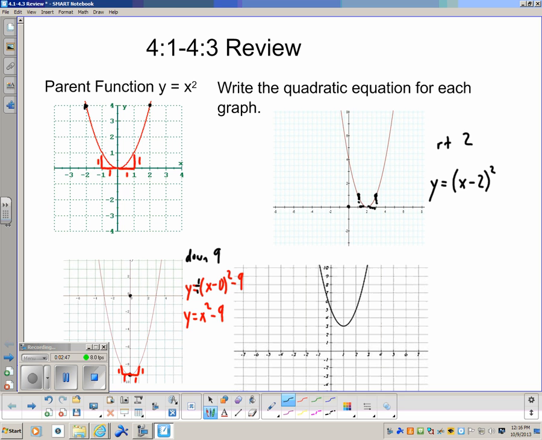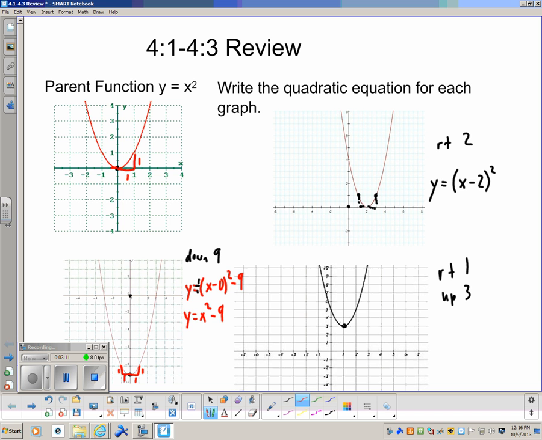So coming over here, looking back at your parent function, the very first one we started with, again, your vertex is sitting there at 0, 0. This vertex is sitting over here at 1, 3. So we've moved it right 1 and up 3. And the other thing we've got to check is to see if that 1, 1 thing is in 1, 1.